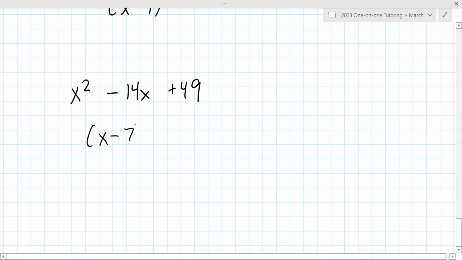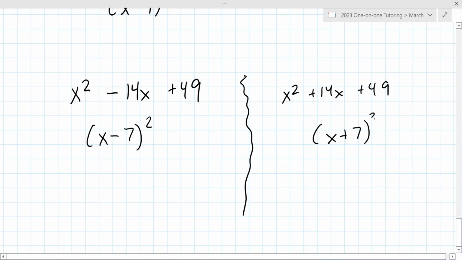Yes, so x minus 7 squared like that. So notice similarly, I could give you x squared plus 14x plus 49, and that would be x plus 7 squared. Is that okay? Mm-hmm.